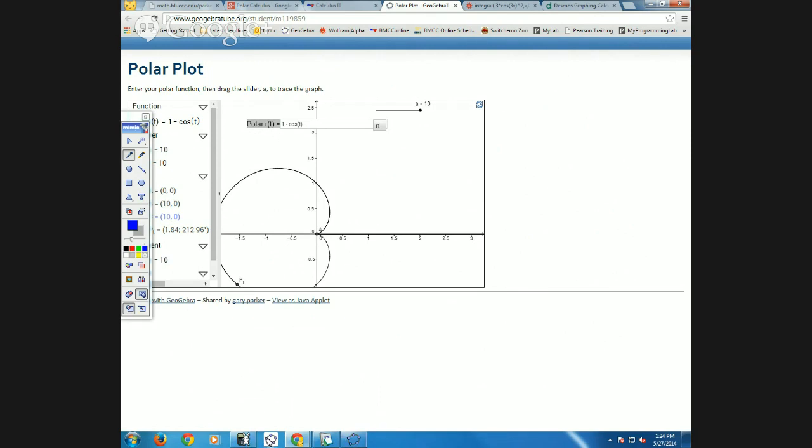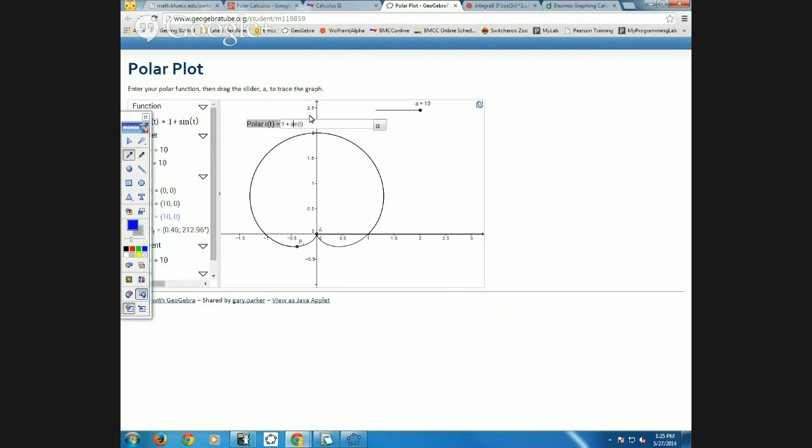Let's go with butt. There's the butt. But we're not doing that one. We're doing the cosine.